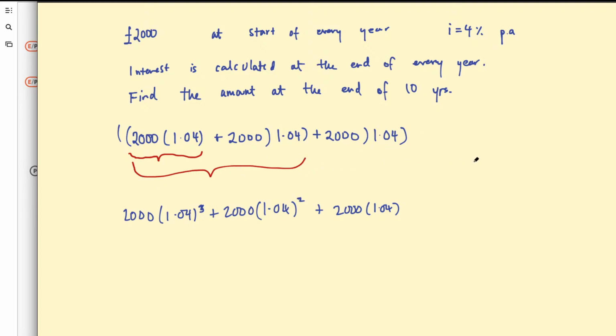And the whole thing was the third year. If we just expand out those, we get 2000 times 1.04 cubed plus 2000 times 1.04 squared plus 2000 times 1.04. If we kept doing this, you can imagine what we might end up with at the end. Basically, we're raising the power of 1.04.